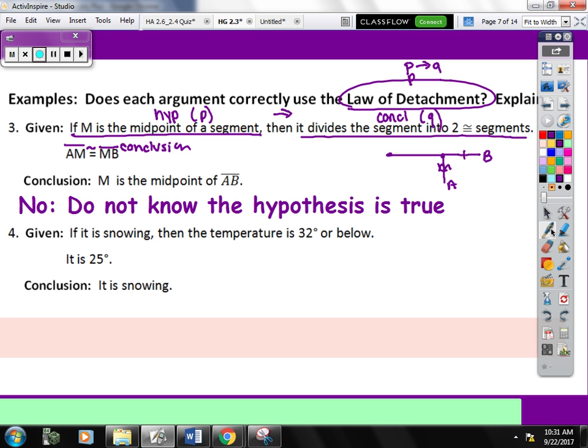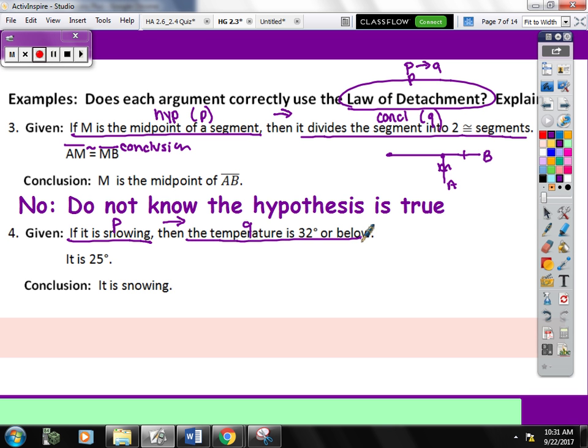If it is snowing, then the temperature is 32 degrees or below. Given it is 25 degrees, can we conclude that it's snowing? Think about it. Could it be cold and not snowing? Yes. So that one's a little bit more logical than the other one. But to show you with the law of detachment, here's our hypothesis. Here's my conclusion.